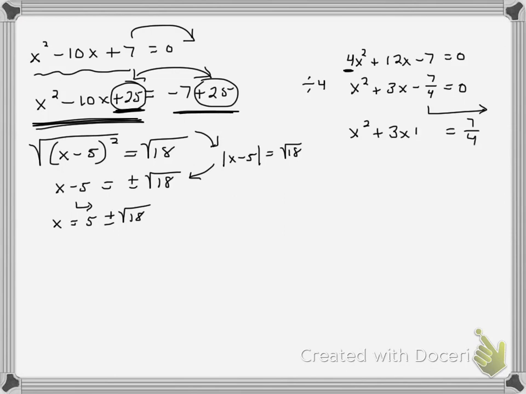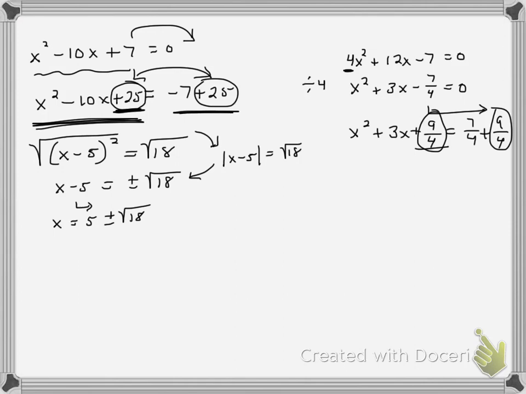I'm going to complete my square by adding a third term. Half of 3 is 3/2. Square it, and I'm going to get 9/4. So I have to add it to both sides of the equation, here and here. And now let me come back here and say this.